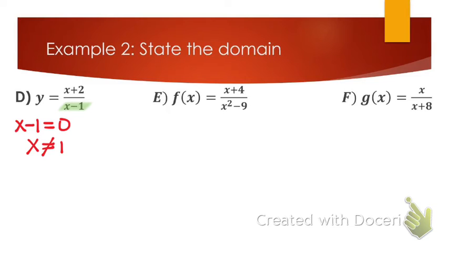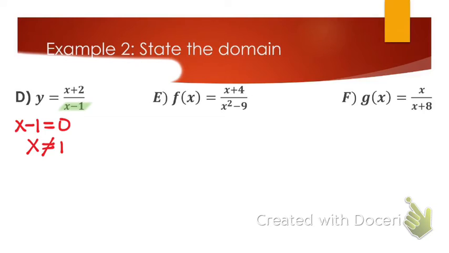So if you were graphing this on the number line, so did I say negative 1? I don't know. Sorry. Okay, so there will be an open circle here. So everything to the left of 1 and to the right of 1 would be okay, but just not 1.